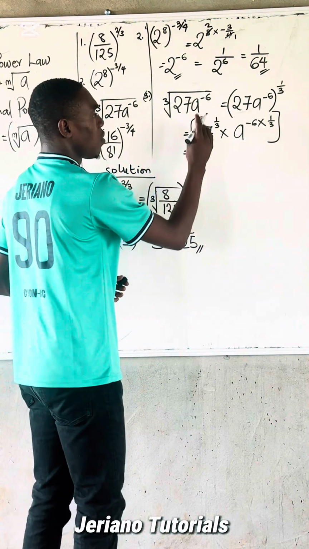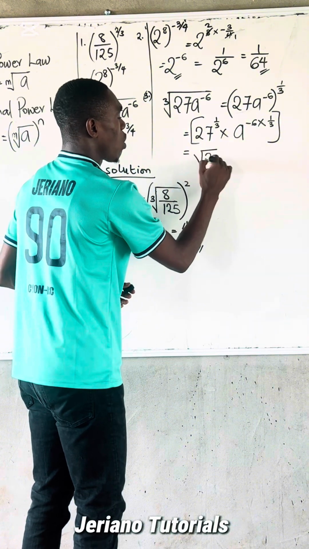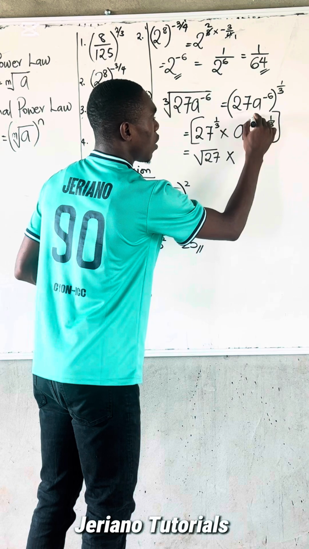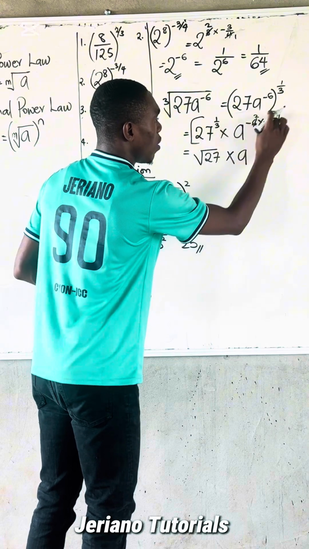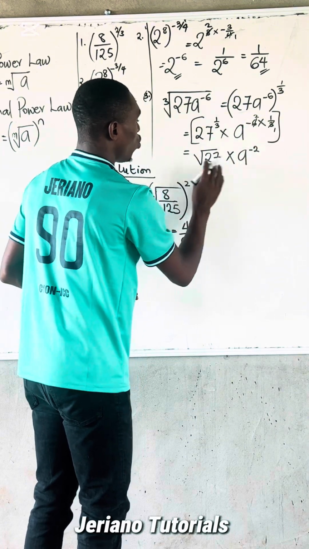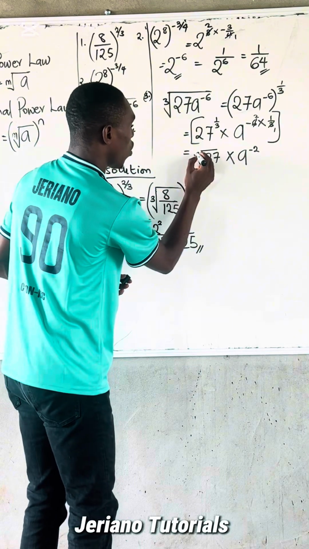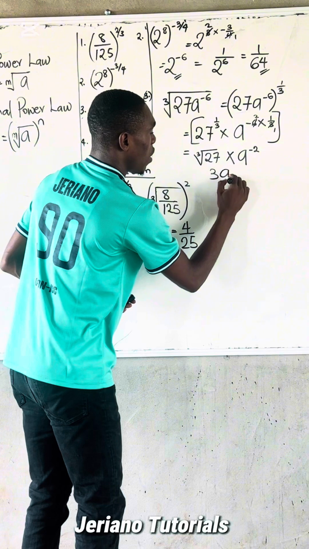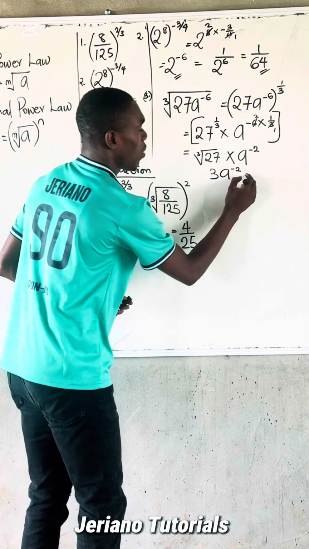Now this is still root 27, times 3 here 1, 3 here 2. We're having a minus 2. The cube root of 27 is 3, which is 3a minus 2. That becomes our final answer.